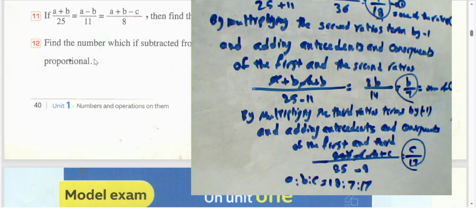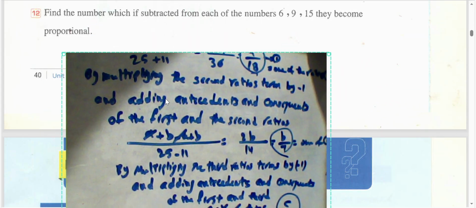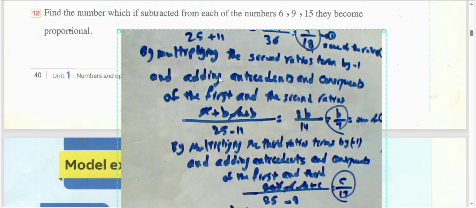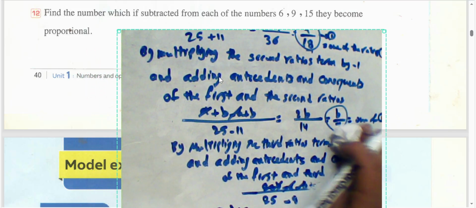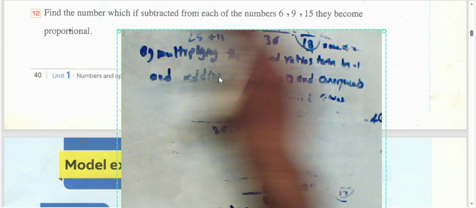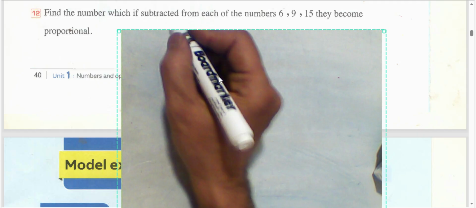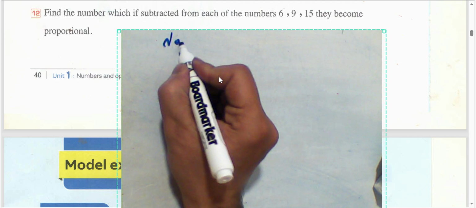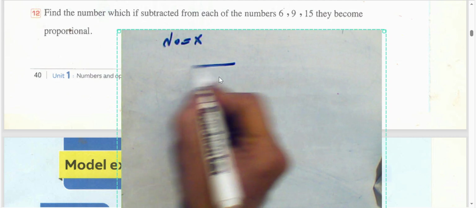Okay. Question number 12. Find the number which, subtracted from each of the numbers, they become proportional. Okay, I will let the number be x.